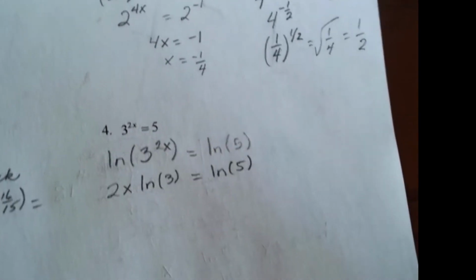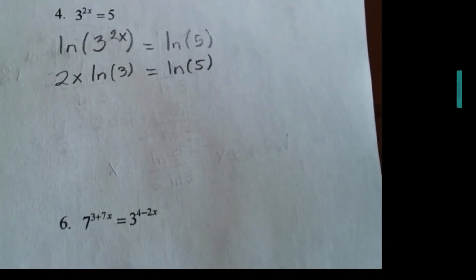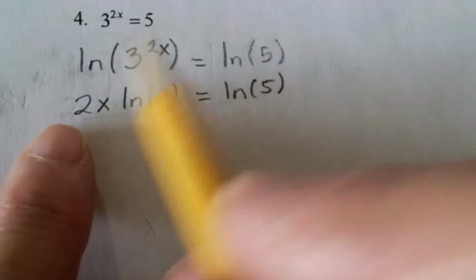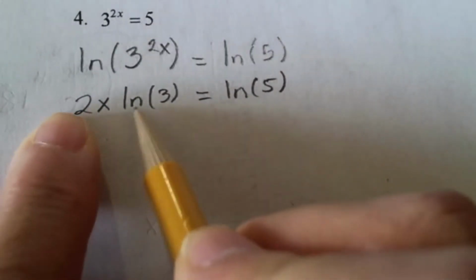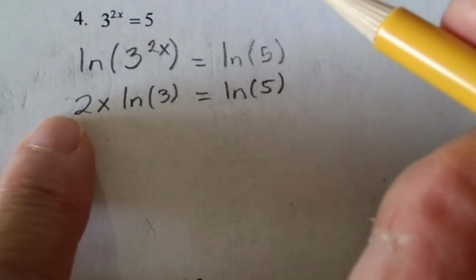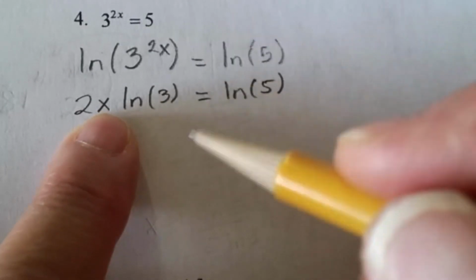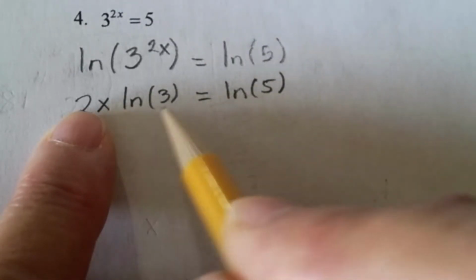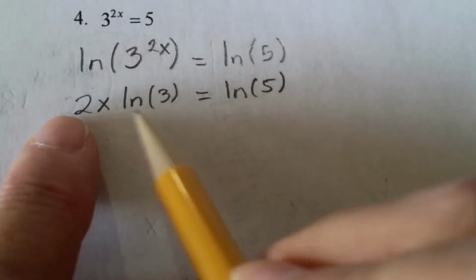Okay, now our point here is to isolate that x. And notice that we have a 2 and a natural log of 3 multiplied times that x. So we'll be dividing so that we can get this x alone. Let's just divide all in one step.